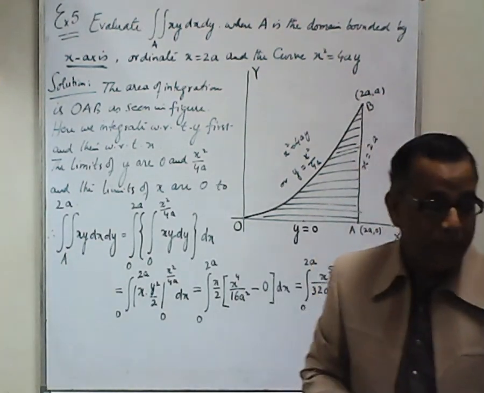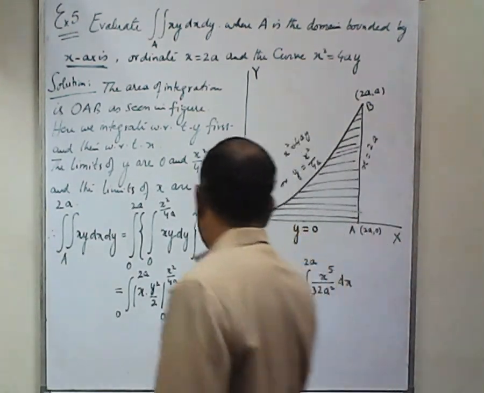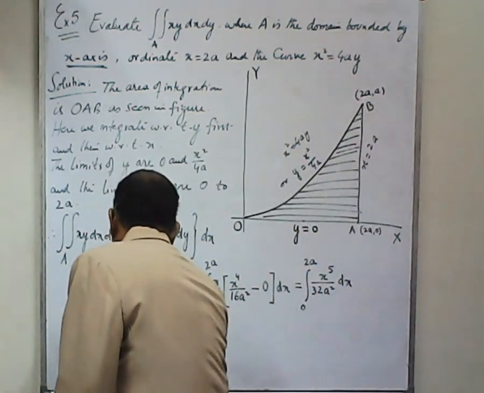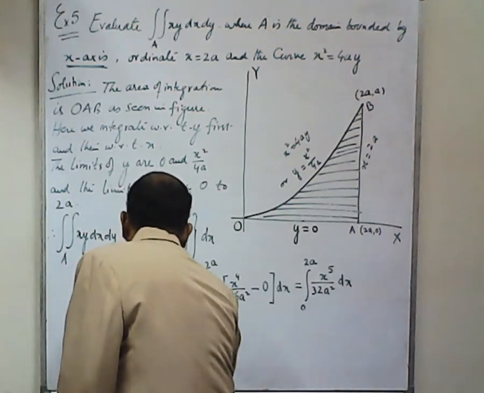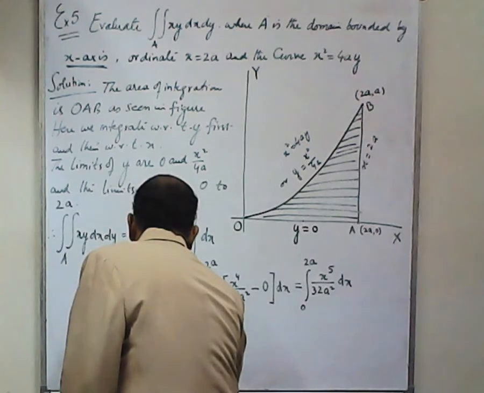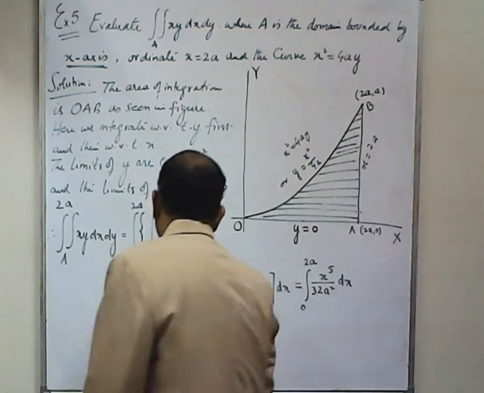So we simply need to integrate x power 5. So 1 upon 32a square, and integrating gives x power 6 by 6, with limits 0 to 2a.